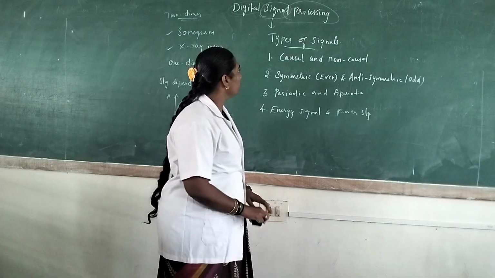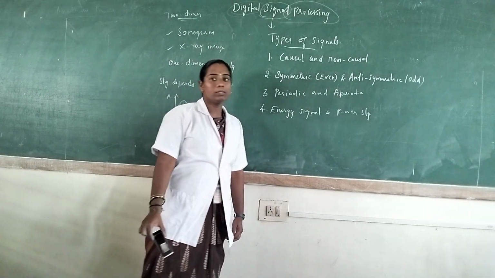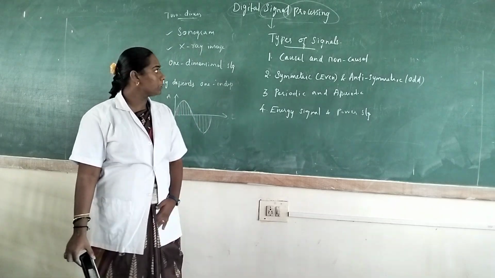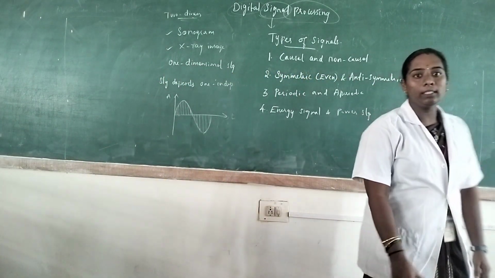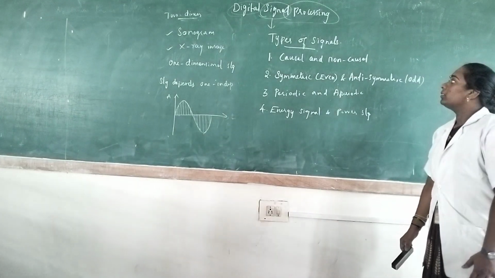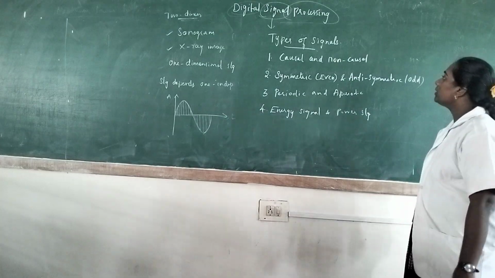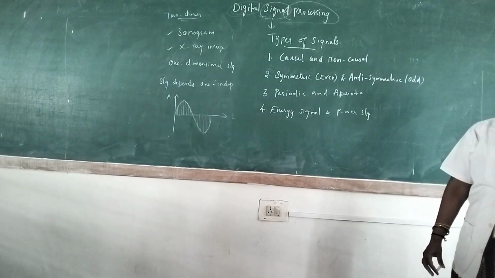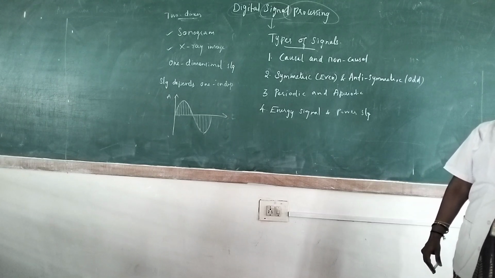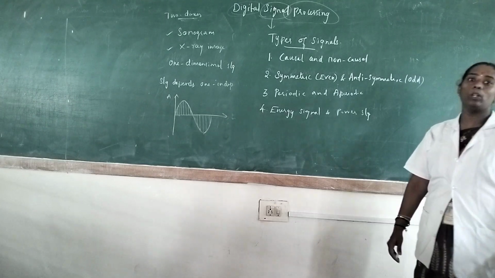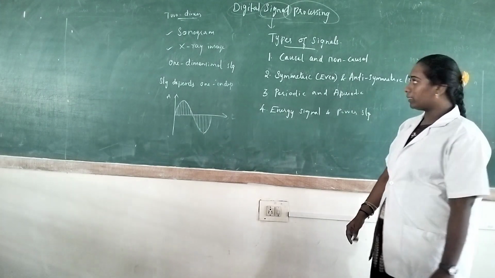So first one is your causal signal and non-causal signal. So here there is a condition for causal signal. The causal signal is nothing but the value of the signal will be 0 when n less than 0. Hence the signal is called a causal signal.